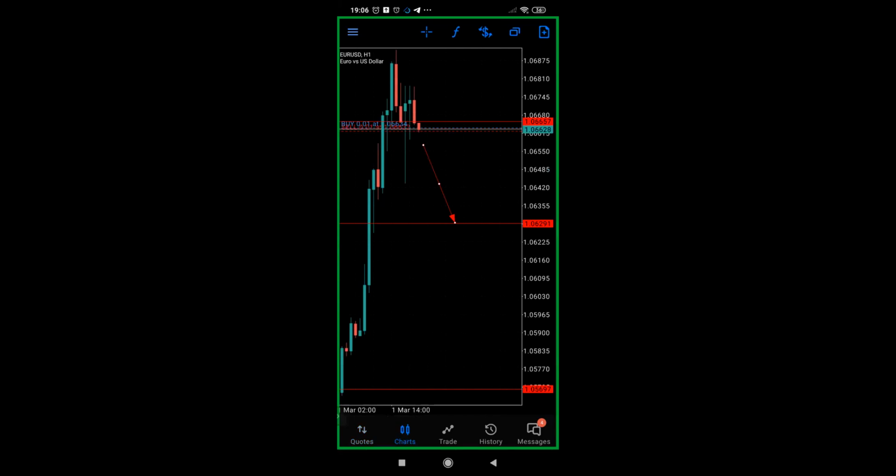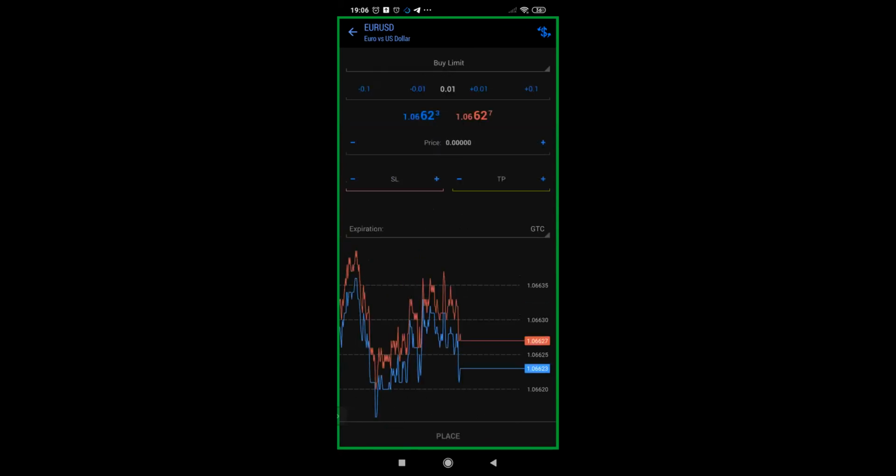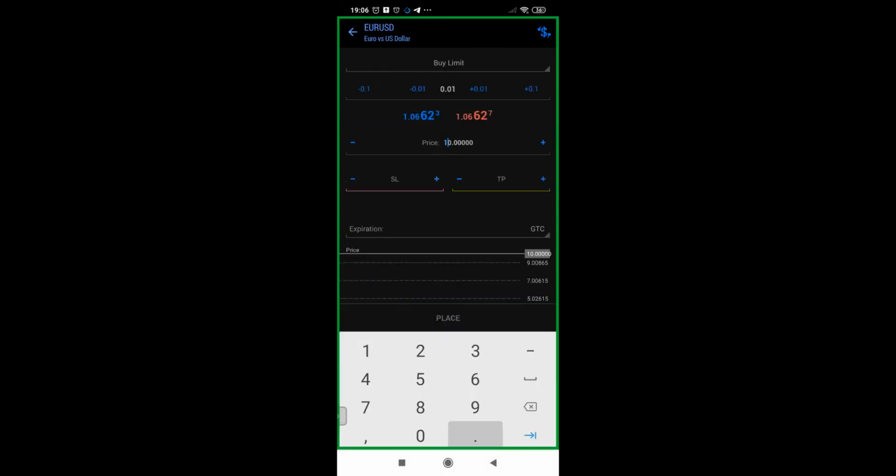Yeah. Buy limit, 1.0629. Oops. All right, good. So you want to ensure that you're putting in the right figures there.